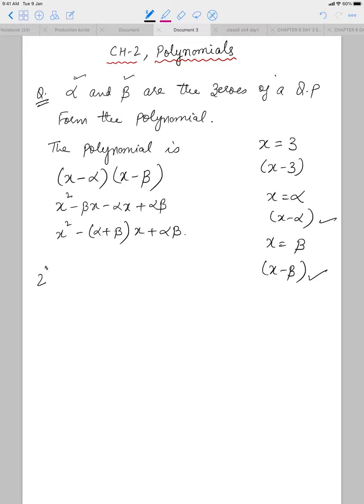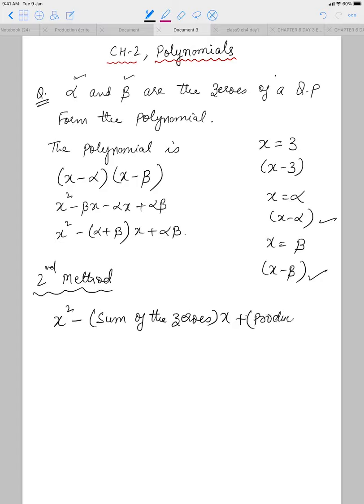Second method is directly by applying the formula. The formula is x square minus sum of the zeros into x plus product of the zeros. This is the direct formula which can be used for forming a quadratic polynomial when the zeros are given to us.